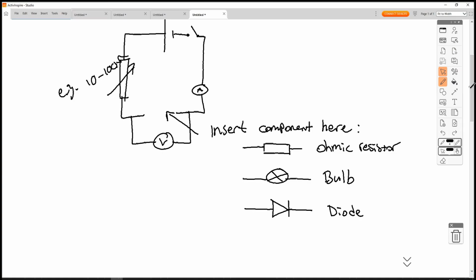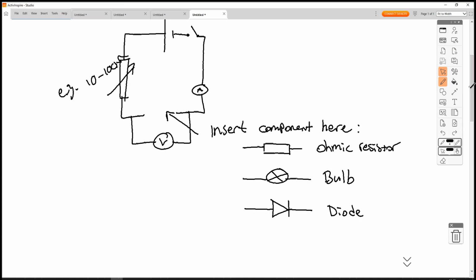Now if we set our variable resistor to its lowest value, which is 10 ohms, it still has a resistance. So in this circuit, we can never get the maximum potential difference across our component. For example, if we put a bulb there, we can never get 6 volts on the bulb, because the variable resistor will always take something.